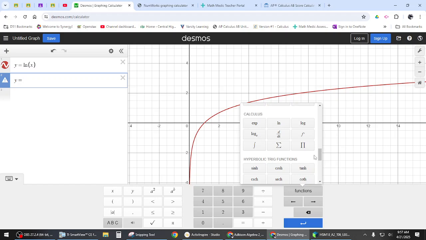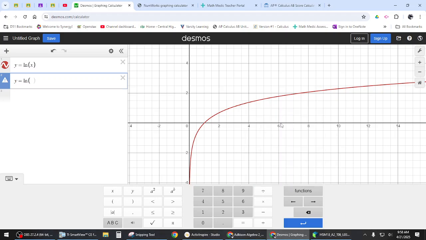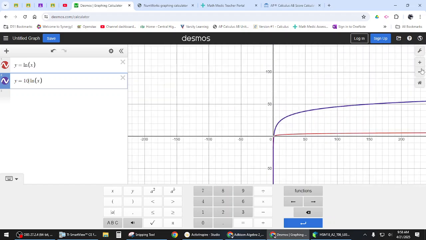Unfortunately, I feel like those should be more accessible, but it's kind of buried in there. All right, so let's just get log of x in here, and then we'll change. So if I do that 10 out front, look how much stretched it is compared to the red one, which is original. It's shooting way up before it heads off to the right. Okay, so to zoom in or out and show you. It's quite different. Okay.